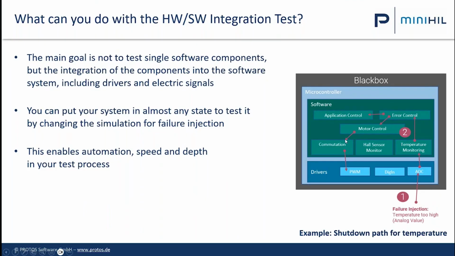And in the end, what we want to know, because it's a safety critical system, is: does the motor really shut down? So is the PWM really off after 100 microseconds? That's one thing I need to know. And the other thing I need to know here is, is the right CAN message propagated to the CAN network?